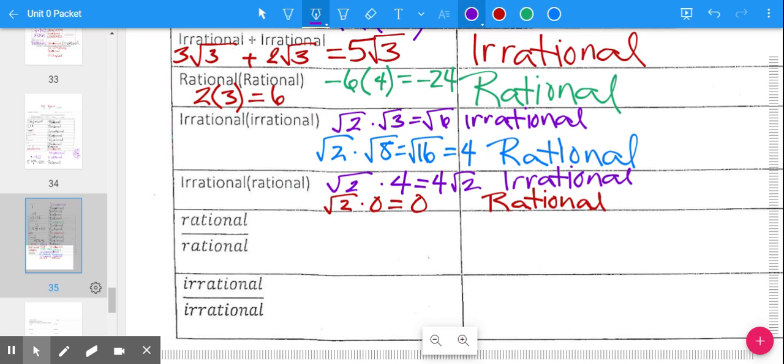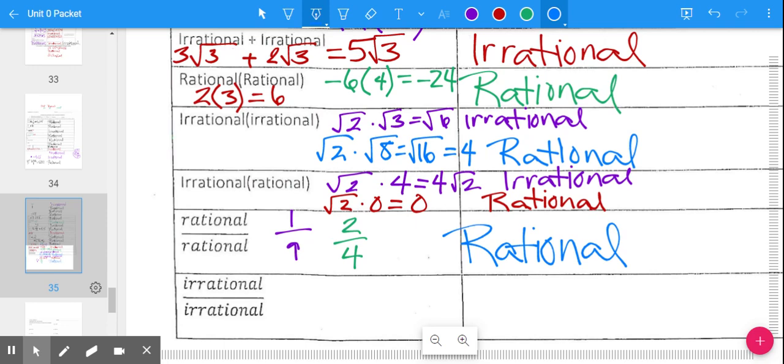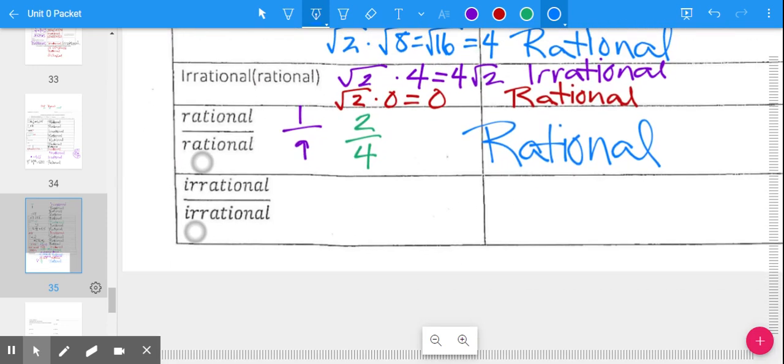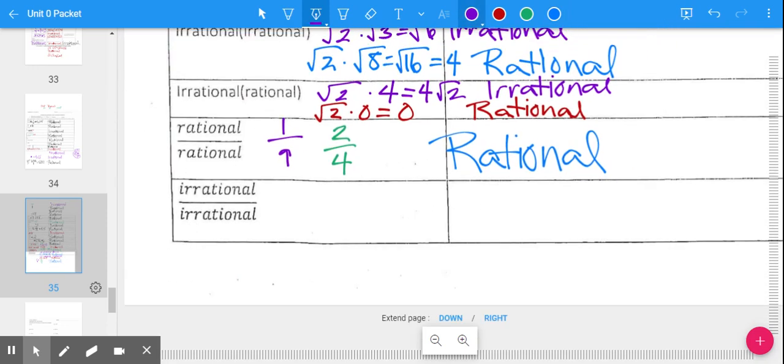So irrational divided by irrational. This would be like 1 divided by 9. We already saw that problem up top. We already showed that it is a rational answer. So if we did 2 divided by 4 equals 0.5. No matter which way you do these, you're going to end up with a rational. Lastly, we have an irrational divided by irrational.